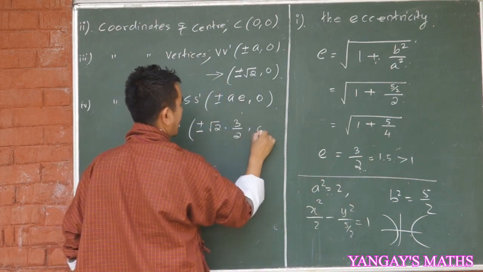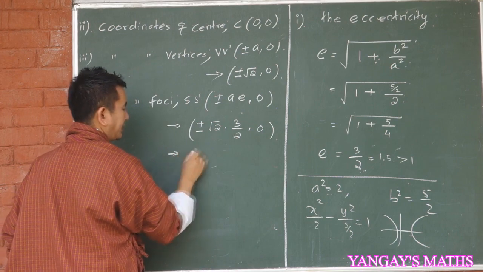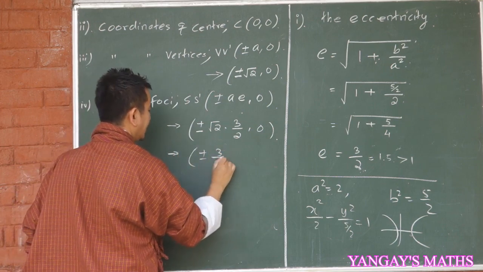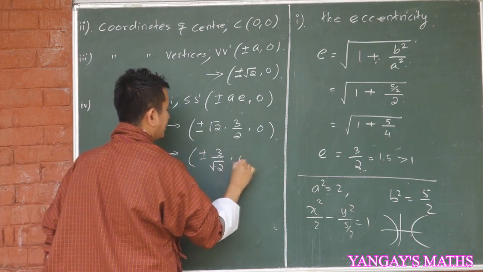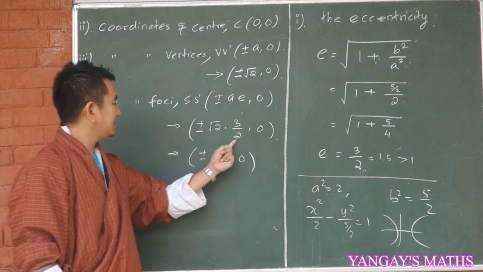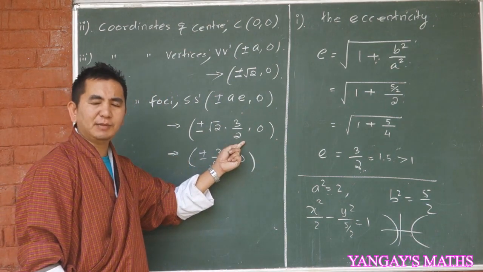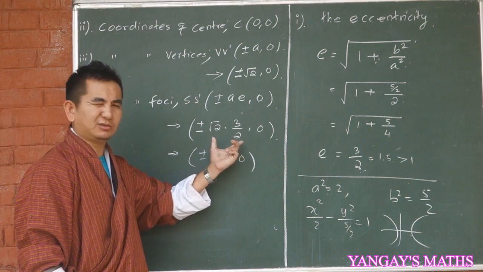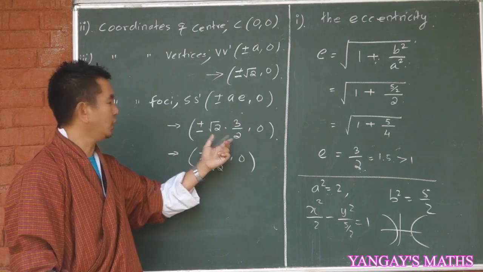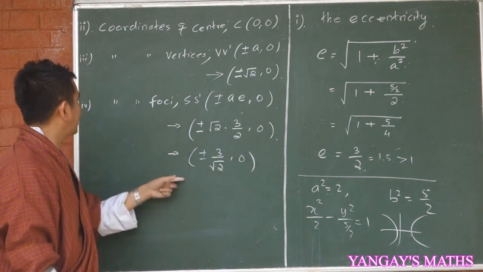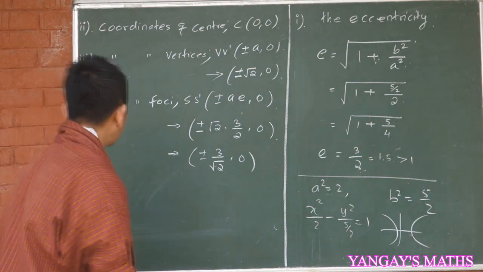So 3 by 2 comma 0, which means I can write plus or minus 3 divided by root 2 comma 0. This 2 is root 2 times root 2, which I did similarly under the ellipse. Root 2 times root 2 is root 4, which is equal to 2, so one of the root 2 will get cancelled. This becomes the coordinates of foci.